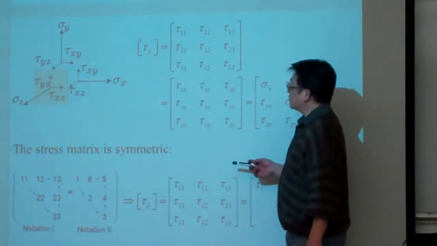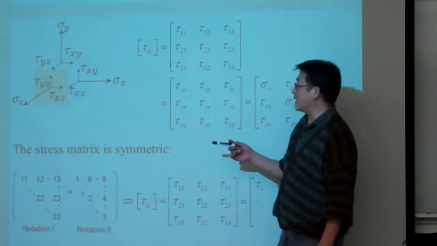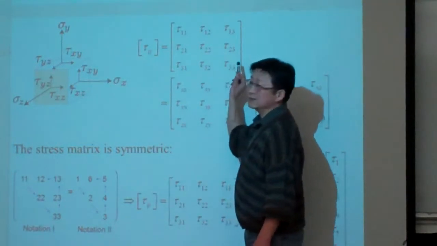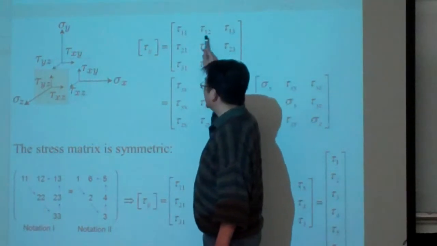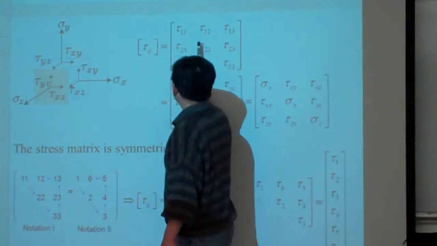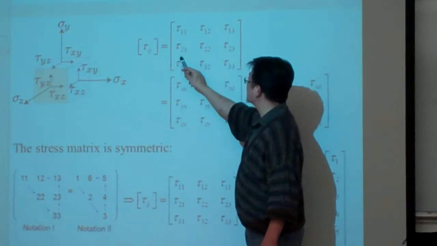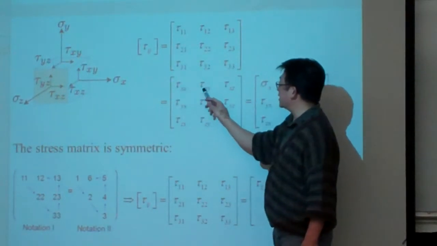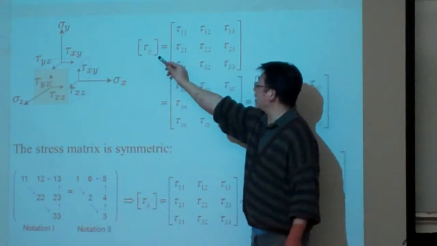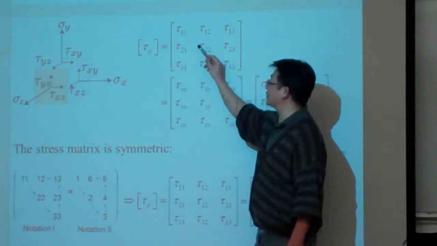Usually we start from the description of the stress element. Here we have 9 stress components, right? And this one represents the element in the x direction. Sometimes we use 11, 12, 13, which means the 1 direction, 2 direction, 3 direction, or we can use x, y, z, depending on your preference. In terms of the math expression, this is a 3x3 matrix.